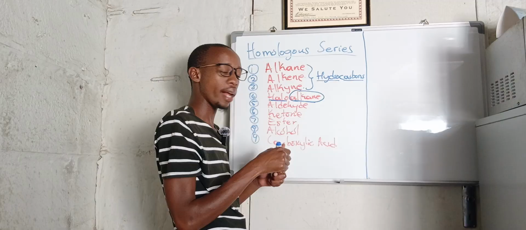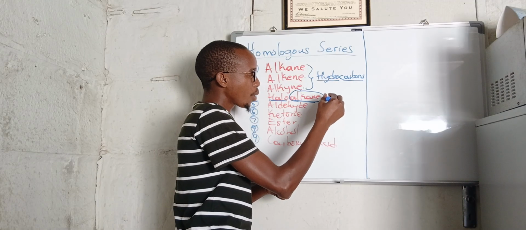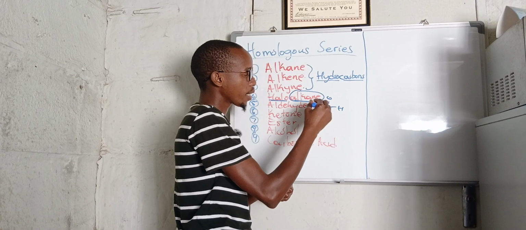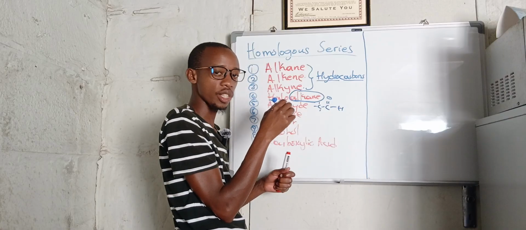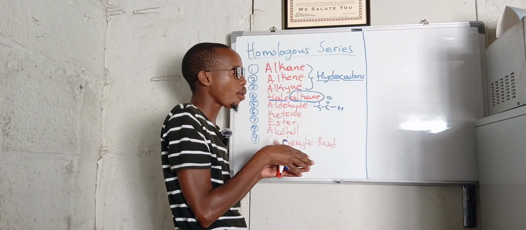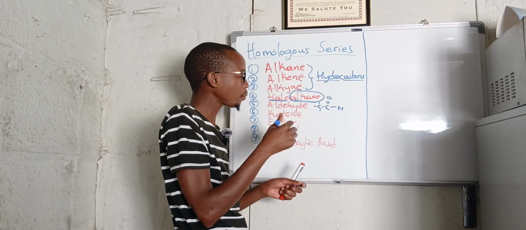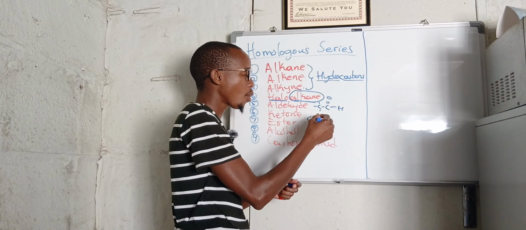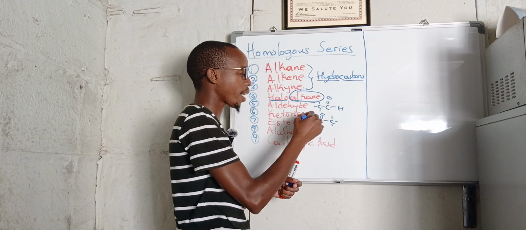And then we come to aldehyde. I just want to make a scenario here. We have its functional group. It's something like that. It has a carbon bonded with a double bond to oxygen, but it is on the first carbon. The functional group of aldehyde is always on carbon number 1. And then it goes hand in hand with ketone, whereby its functional group is in between two other carbons.